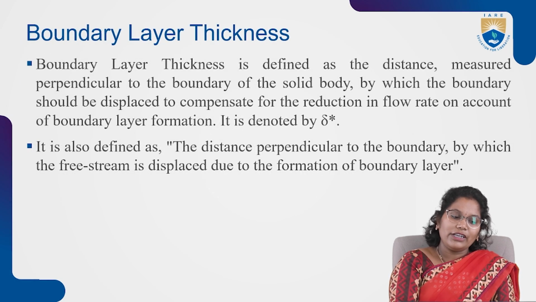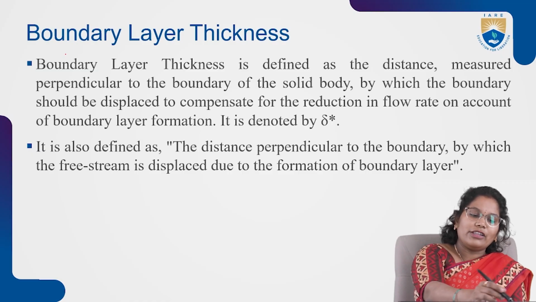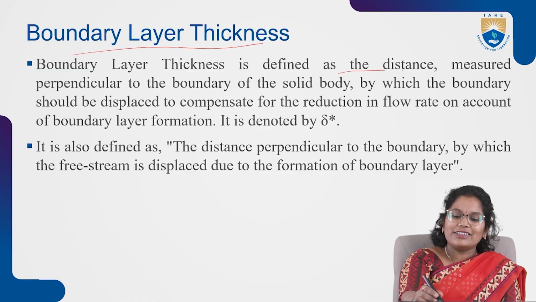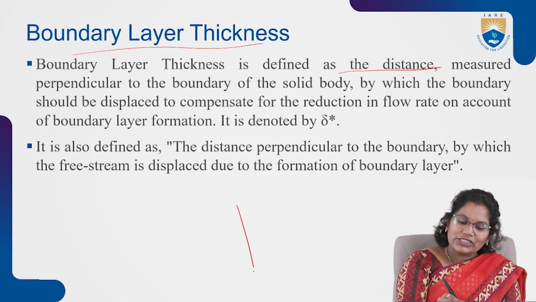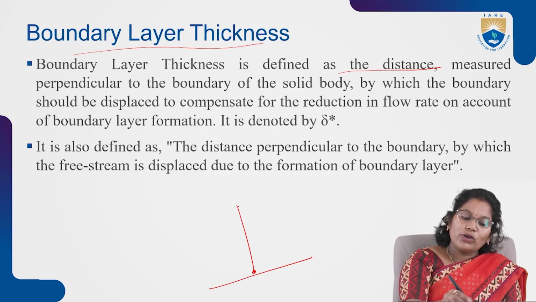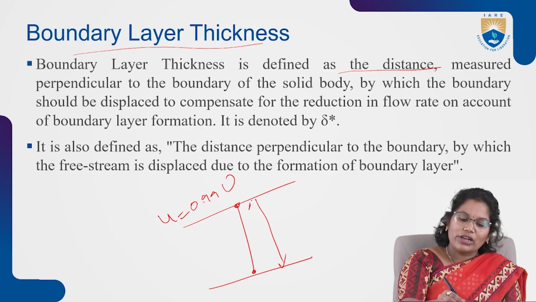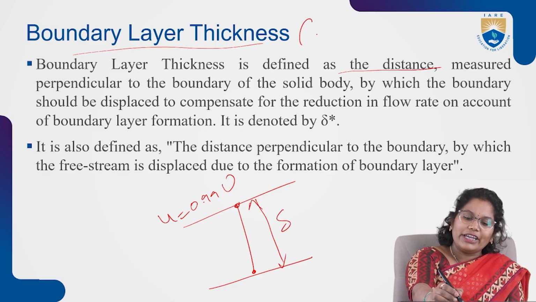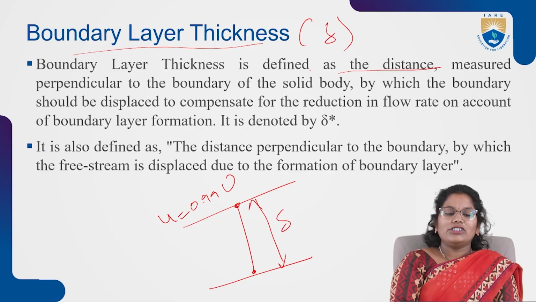So now, the boundary layer thickness, as I said, is the distance between the plate and where your velocity becomes your mainstream velocity. This distance we call the boundary layer thickness, delta.